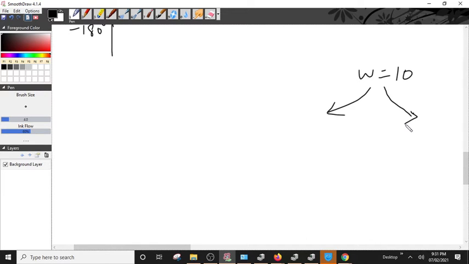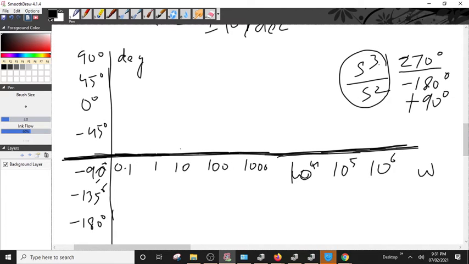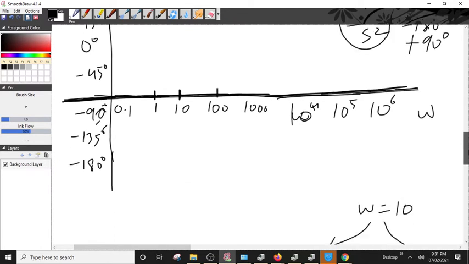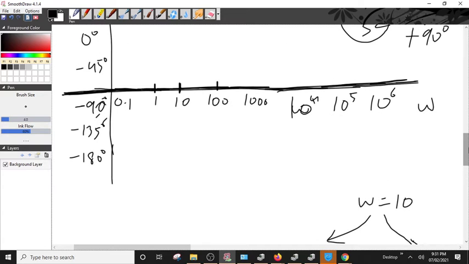So the start point will be the previous decade, because 10 is here, this is my break frequency point, previous decade is this, so this will be my start point, this will be my end point, and we know that this is a zero with a multiplicity of 2, so it must be plus 90 degree per decade.